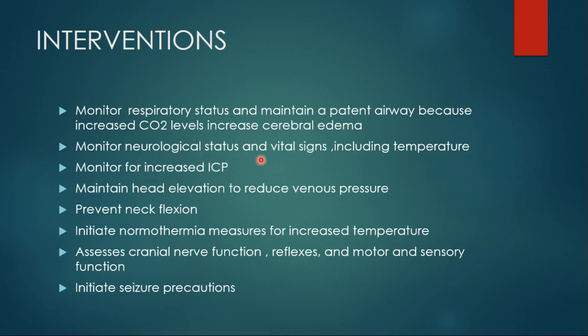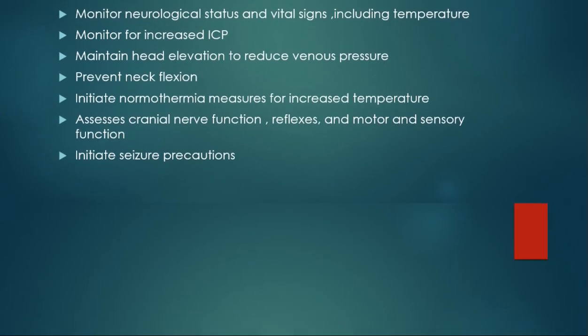Monitor the neurological status, vital signs including temperature, monitor for increased intracranial pressure, maintain head elevation to reduce venous pressure, prevent neck flexion, initiate normothermia, meaning normal body temperature, measures for increased temperature, hypothermia may be there. Assess the cranial nerve function, reflexes and the motor and sensory function, initiate seizure precautions.